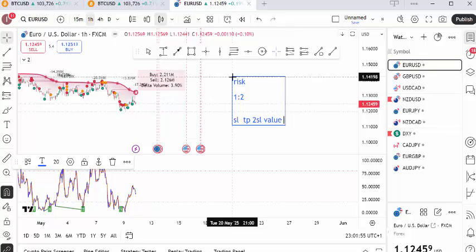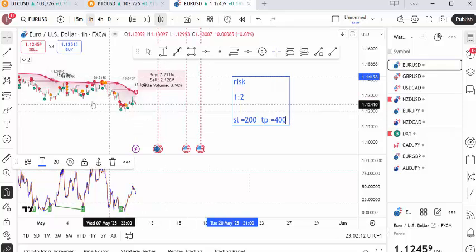So if our stop loss is equal to, let's say, $200, our TP value is going to be $400. That's just the risk that we're going to be putting in on this trade.